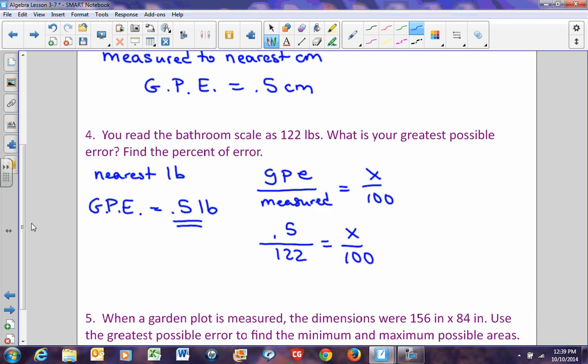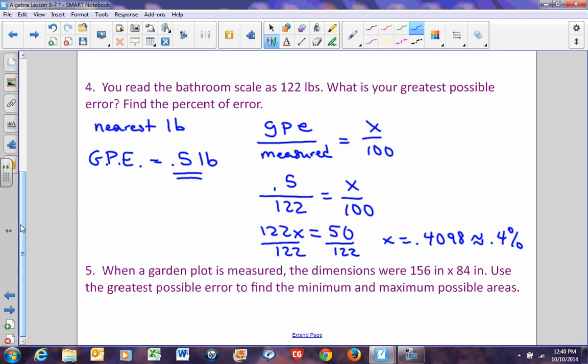So we solve this proportion. We have 122x equals 50, because half of 100 is 50. Divide by 122. 50 divided by 122 gives us 0.4098. So x equals 0.4098, approximately 0.4%. That's a fairly small error, less than half of 1%. Which means your scale is fairly accurate.